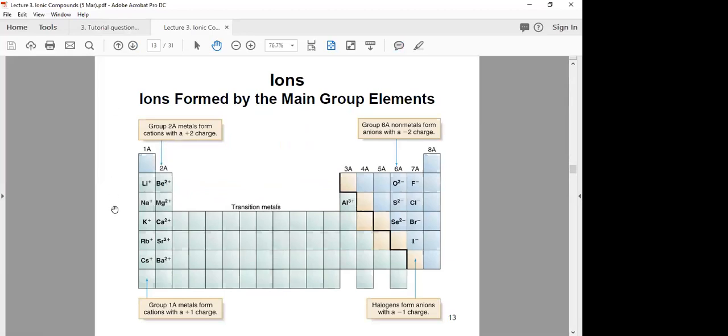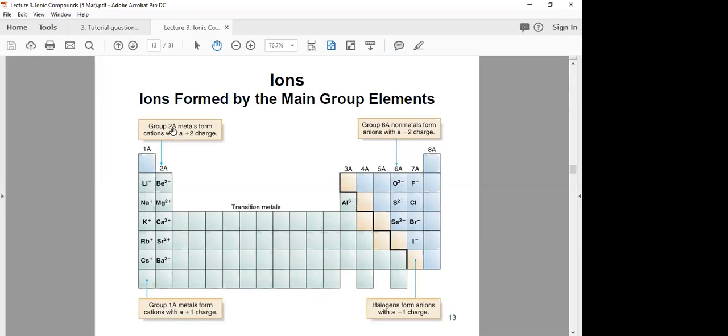Okay, and that's all summarised here very nicely in this table. So let's have a look at them. Group 1A metals, and these are the common ones that will form cations with a +1 charge.